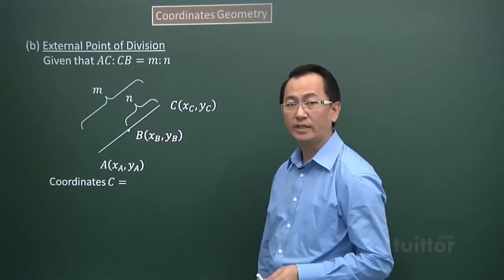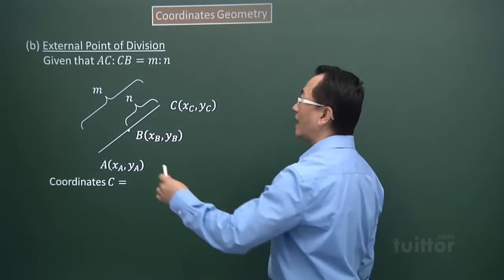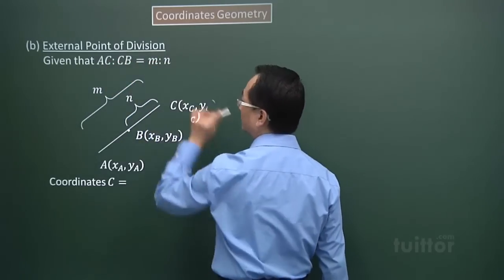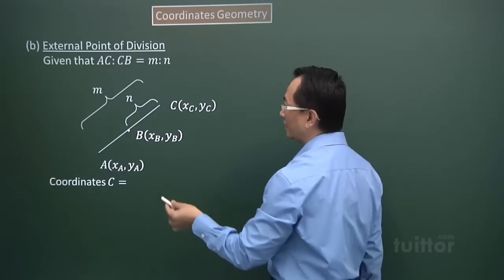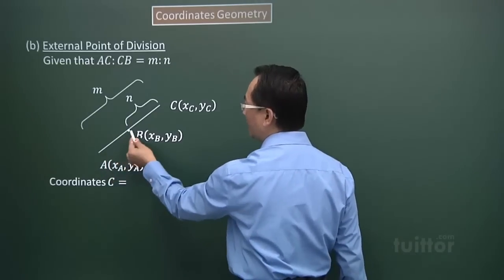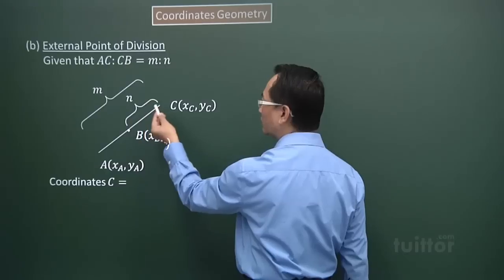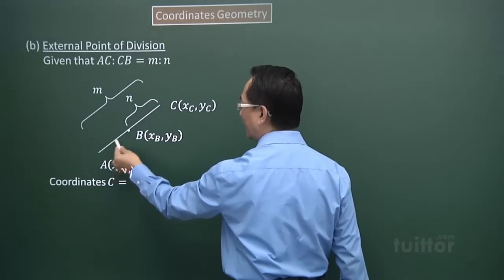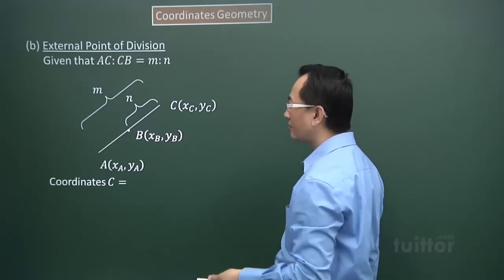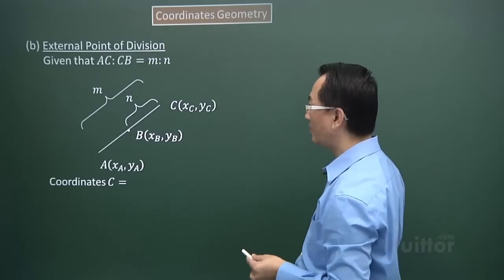For the second case, we're talking about external points of division. If A and B are given, and we need to find C, and C is outside of the length AB, then this is what will happen.